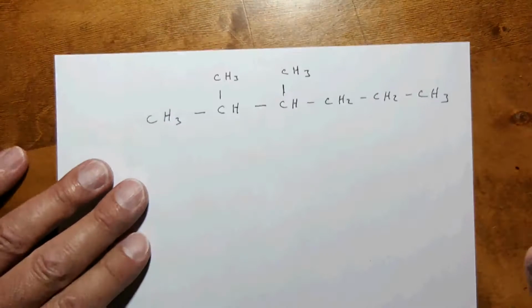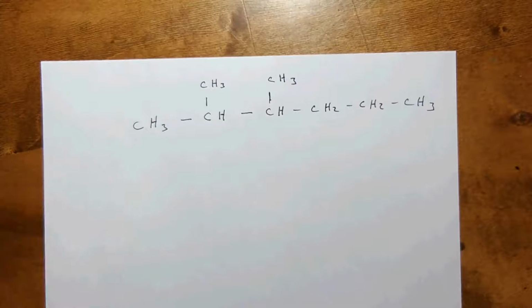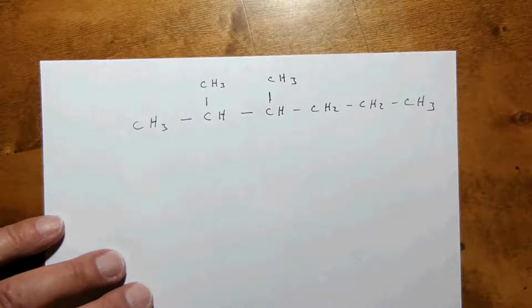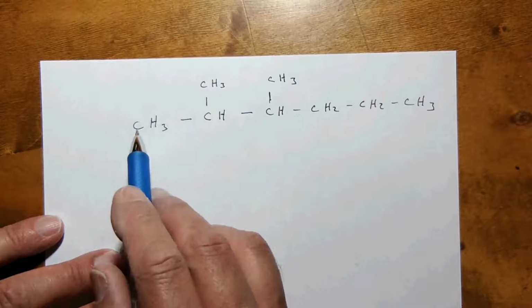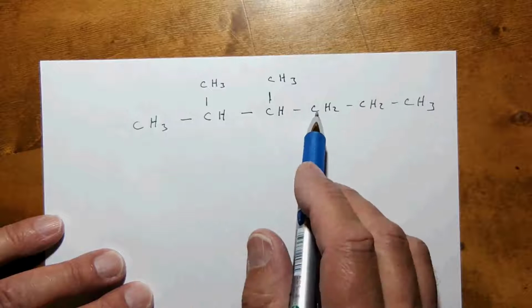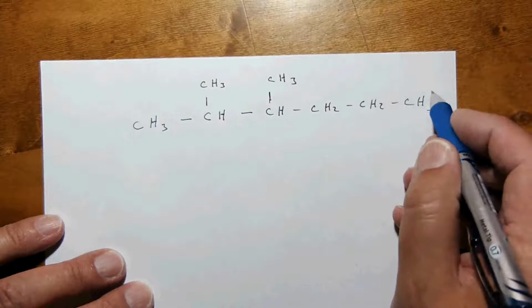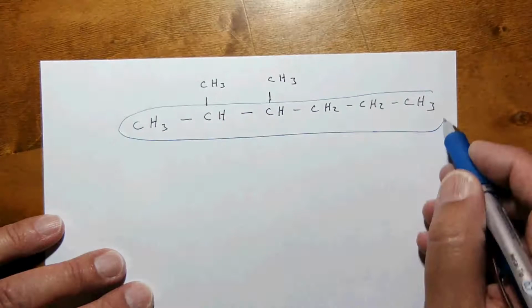Now, let's take a look at a couple more examples for you, because this sort of thing does show up on the final exam. If you had to name this alkane right here, what do you do? You look for your longest continuous chain, which in this case is 1, 2, 3, 4, 5, 6 in a row. So 6 in a row.